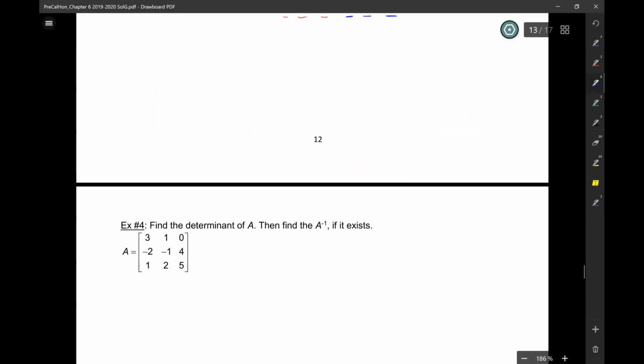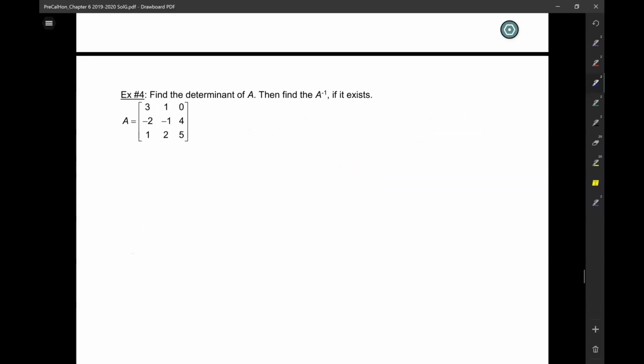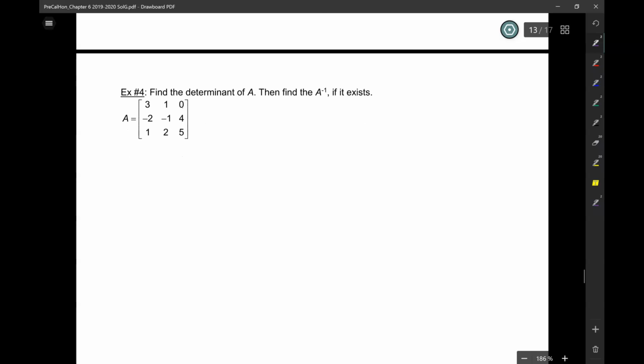Okay, so hey, why don't we do one? It says to find the determinant, then the inverse if it exists. We're going to focus on the determinant first, then we'll deal with the inverse. So first, reproduce the first 2 columns. Now, get the main diagonals.